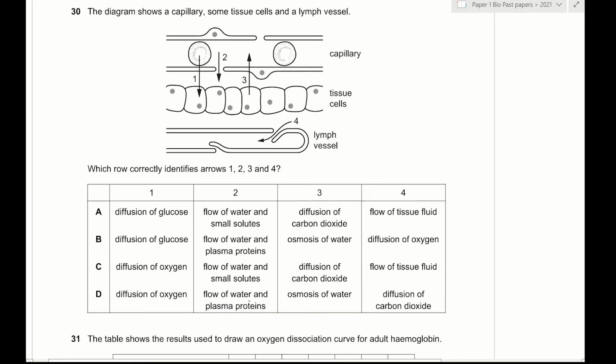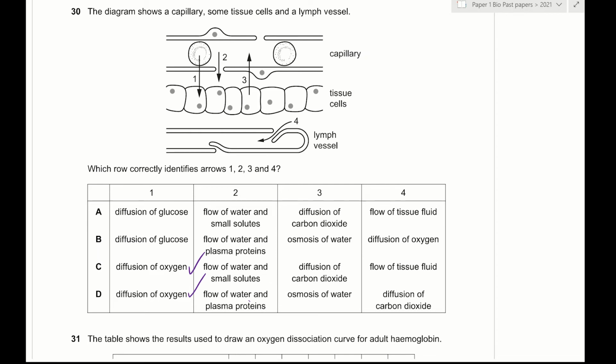The diagram shows a capillary, some tissue cells, and a lymph vessel. Which row correctly identifies arrows 1, 2, 3, and 4? Let's start with 1. For 1, we could see something going from the red blood cell into the tissue cells. In this case, it could only be oxygen due to oxygen dissociation from red blood cells.